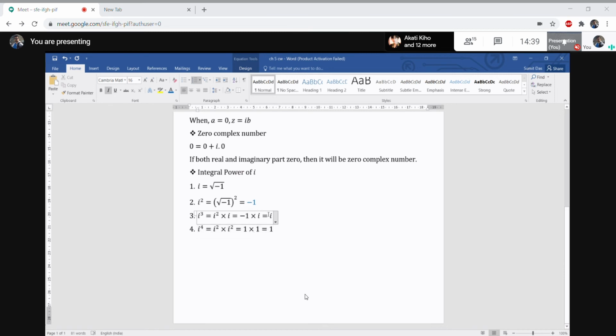So the i cube value will be minus i. But here i to the power 4, no worry, it is minus 1 into minus 1. So minus minus is plus 1. I am giving you some homework.